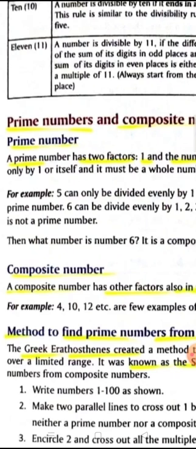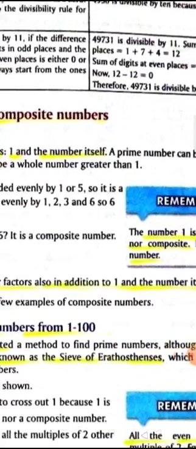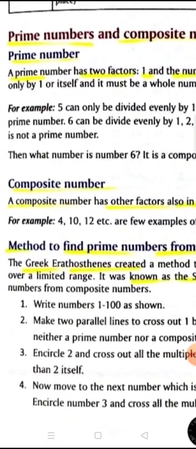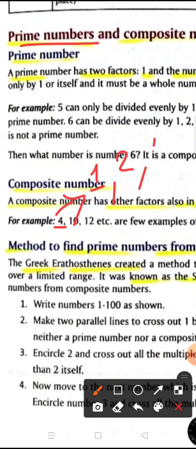Now composite numbers. A composite number has other factors also in addition to 1 and the number itself. It means it has more than 2 factors. It is just the opposite of prime numbers. Here you have seen 4. 4 comes in the table of 1, 2 and 4. Here see 10.